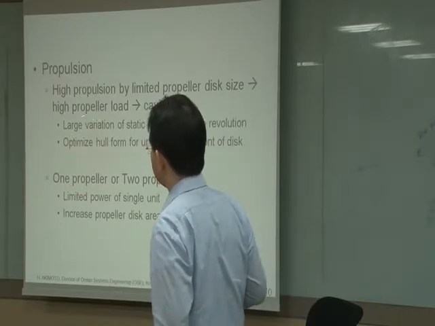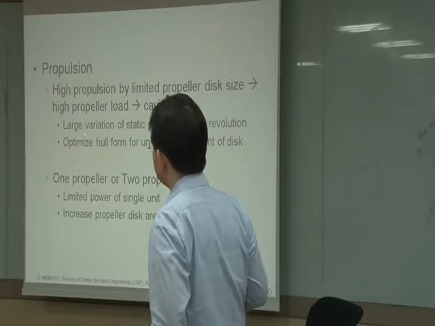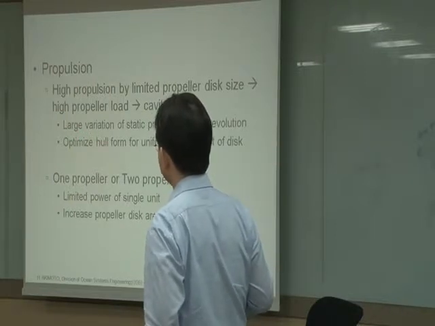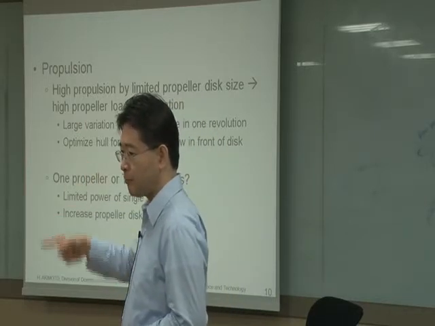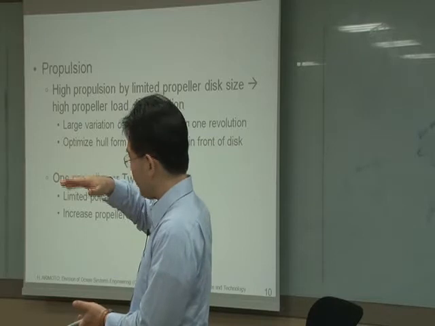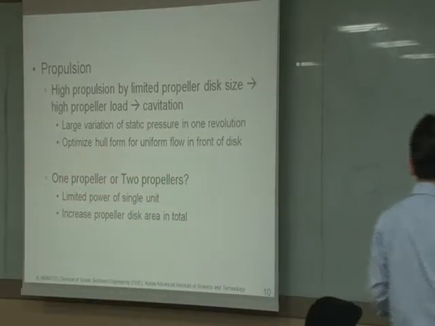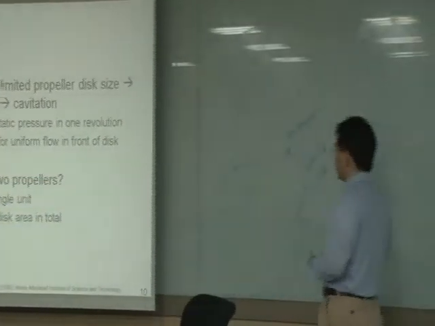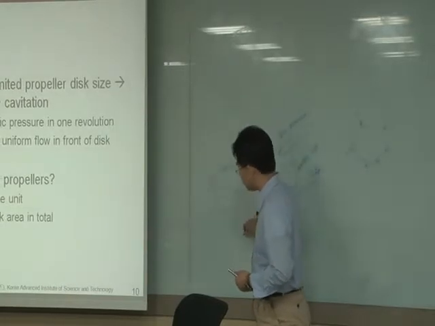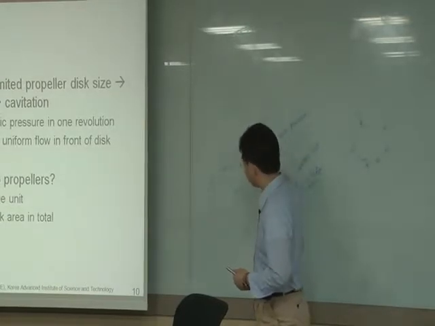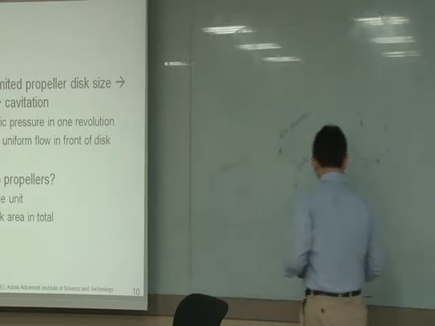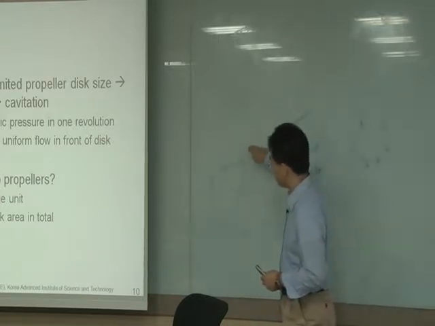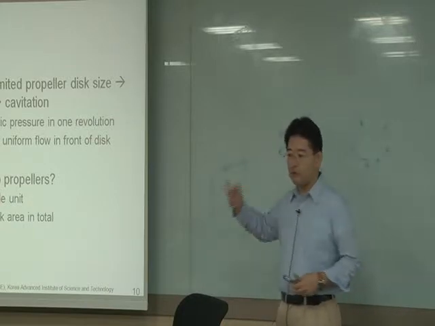So what we can do is reduce the variation of static pressure on the revolution. If the ship is large, the propeller disc is also large. So the condition of the upper position and the lower position is different because of the difference of static pressure between this point and this point.